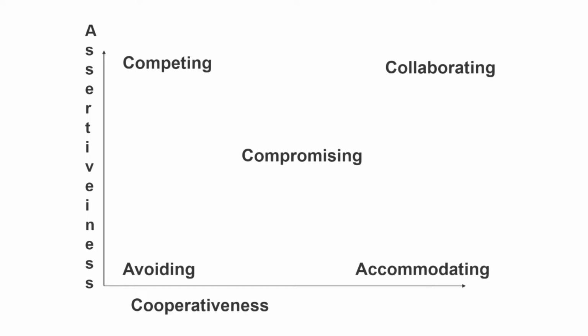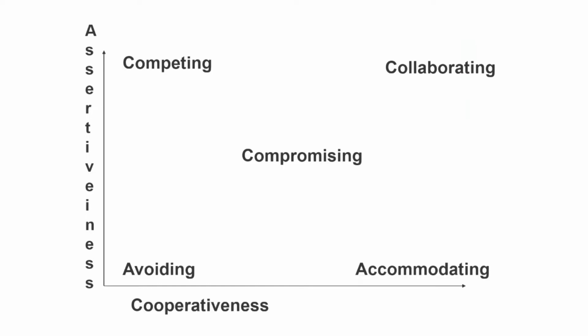On the top end of the scale of assertiveness and cooperativeness, in the right corner, there is collaborating. Collaboration means that you are equally looking at what's important to you as well as what is important to others. I'll go into this in a bit more detail, but you'll know that collaboration is absolutely essential when you're trying to build ownership in the workplace. Down on the bottom right-hand corner, at the extreme end of cooperativeness, is accommodating others.